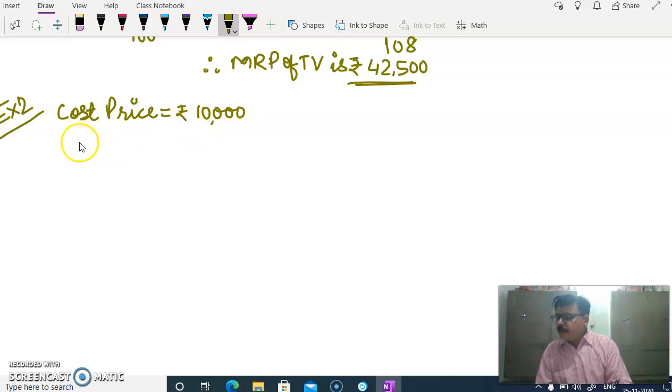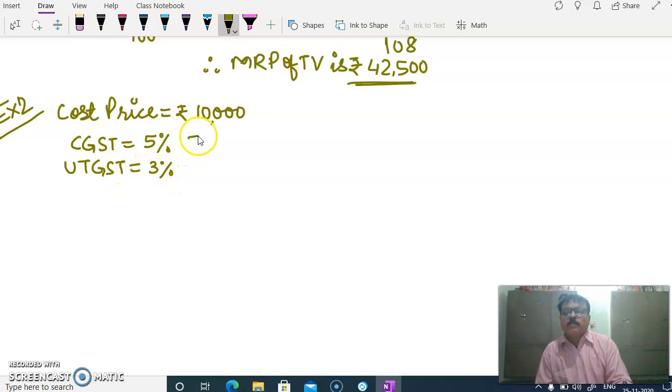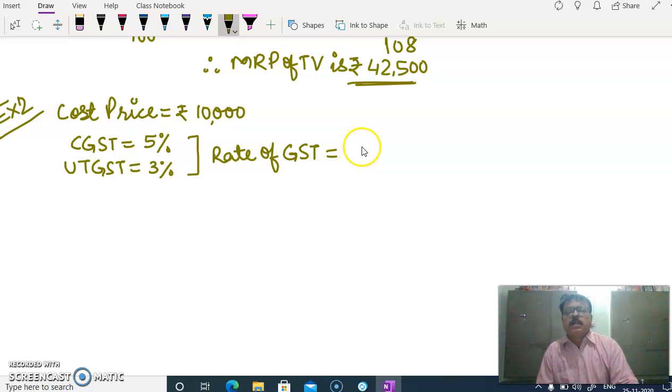Now the rate of CGST is 5% and UTGST is 3%. So the total tax applicable will be 8%. So the rate of GST will be, as I've told you earlier, UTGST is calculated in addition to CGST, which is 8%.